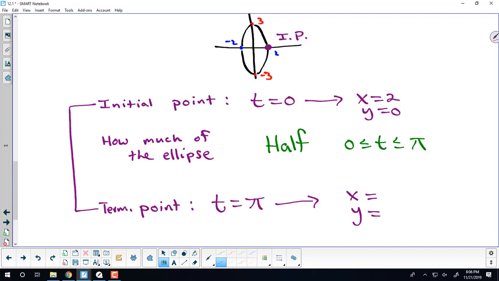Maybe not, I don't know. Depends on how we look at it, I suppose. So at cosine of pi times 3. And that should be times 2. The cosine was times 2, the sine was times 3. Okay, thanks. So negative 2, 0. So here's where we stop. So which half? Didn't really help. Could be the bottom, could be the top.